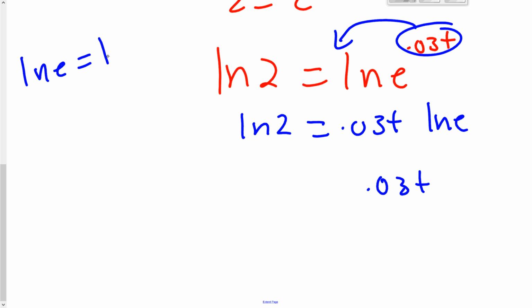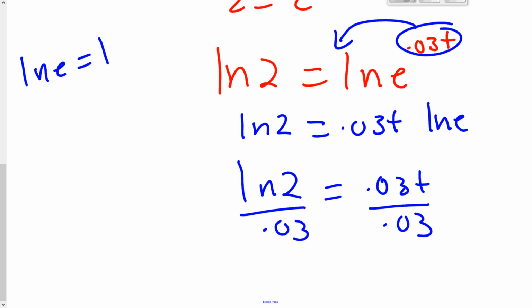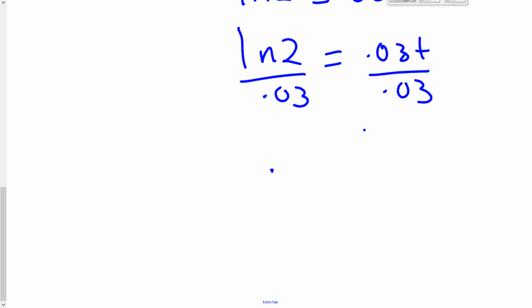Divide by 0.03, and there we have our equation, right? So at 3% continual interest, it's going to take about 23.1 years, so approximately 23 years to double.